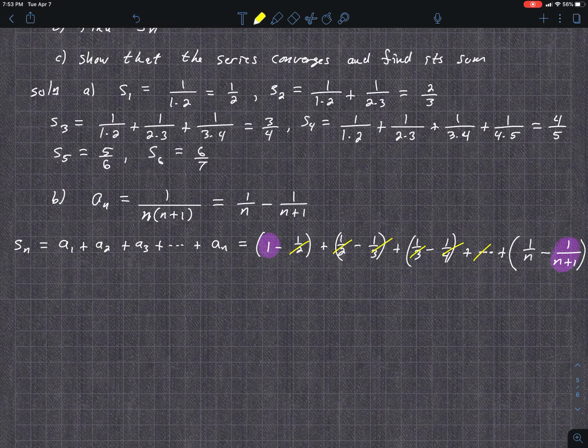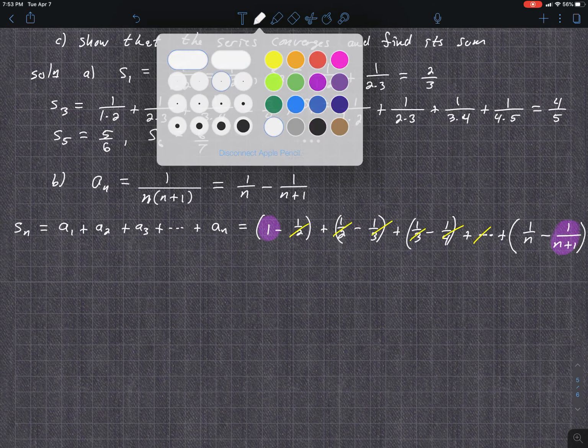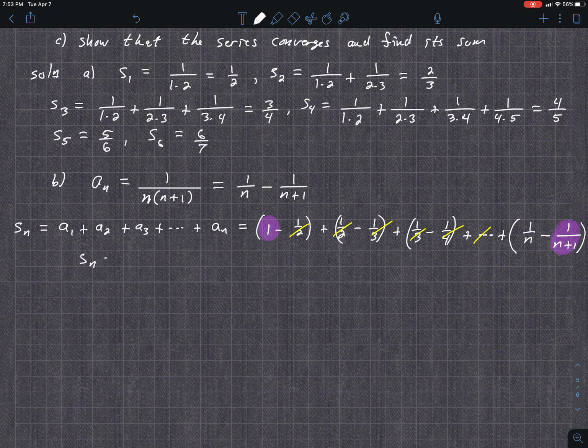So you end up just getting the first one and the last one. And so you end up having that S sub n is equal to 1 minus 1 over n plus 1, which is equal to, when you add that up, n over n plus 1.